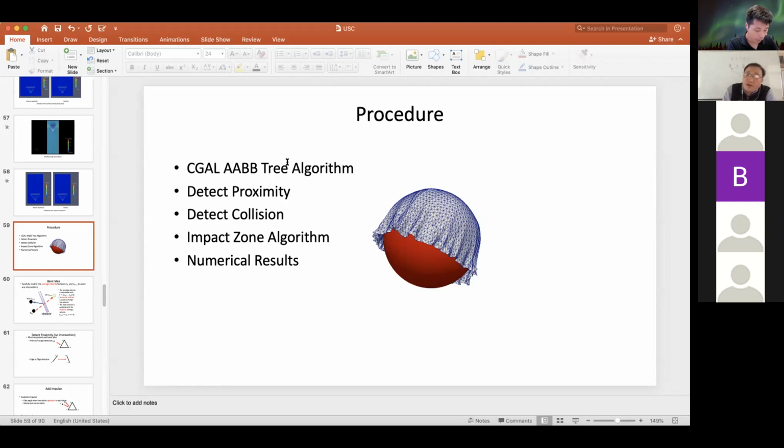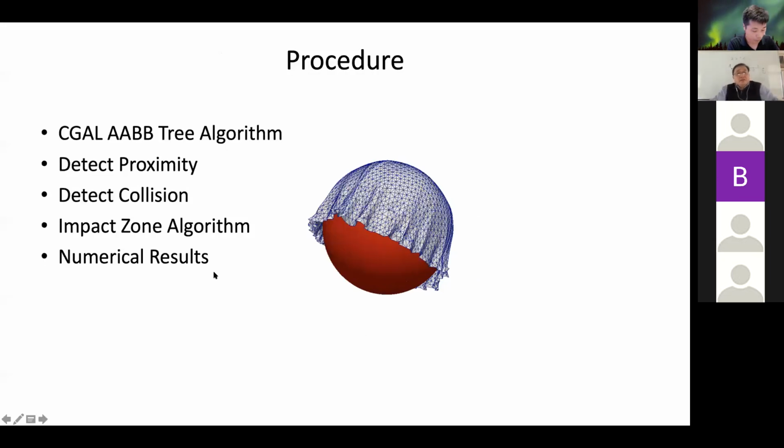We also have collision between fabric surface and rigid body, or between string and the rigid body. And this work was implemented by another student who has graduated, and he used the AABB tree algorithm.